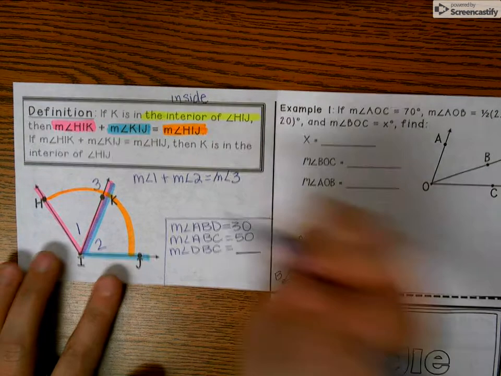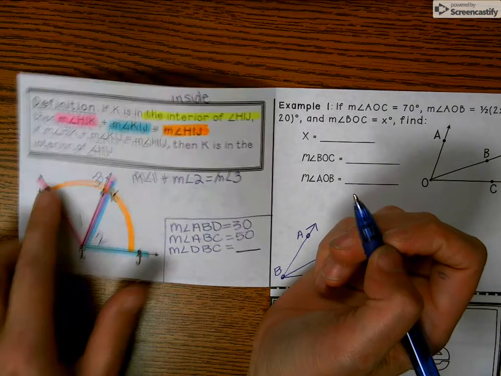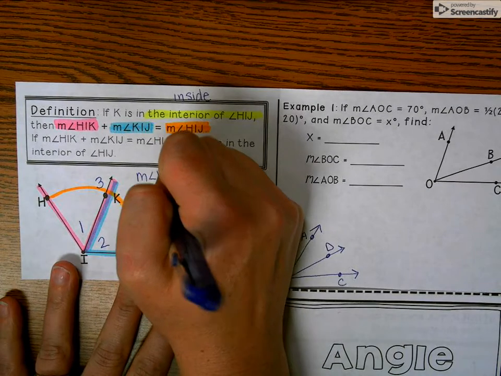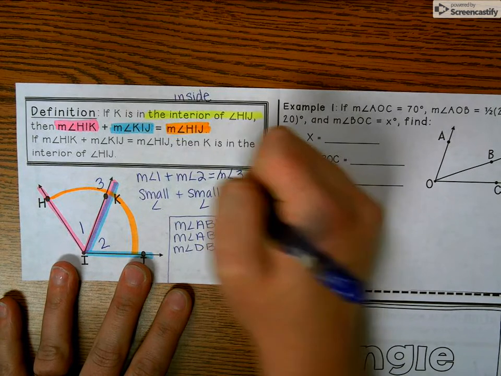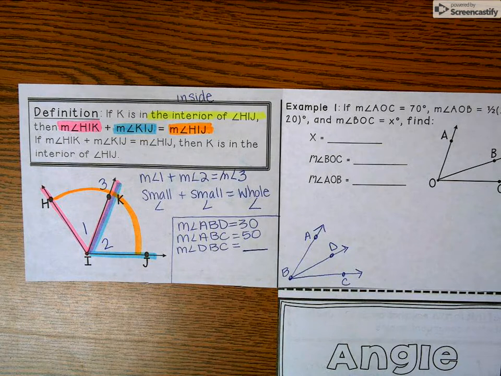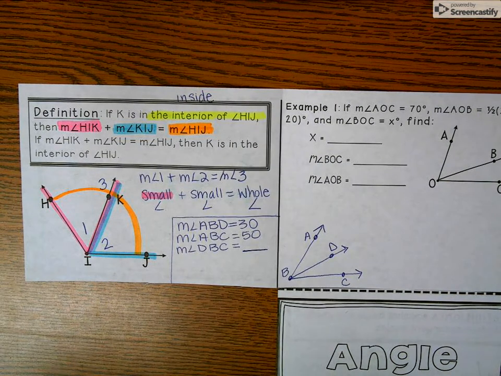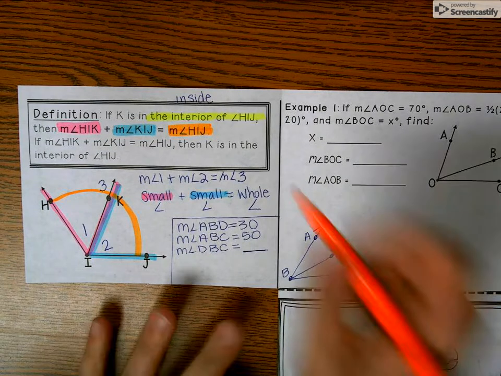So we can think of it as there's 2 smaller angles that add together to make the whole big angle. So small angle plus the small angle makes the whole angle. Okay, we've got the small pink angle plus the small blue angle together makes the whole orange angle.